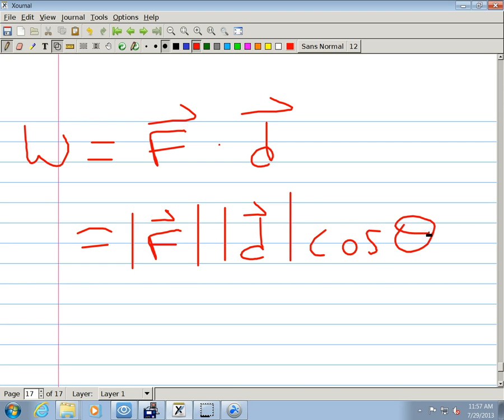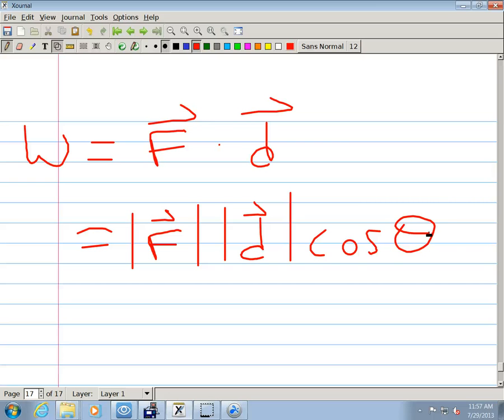If you're doing this with law of sines, law of cosines, r theta stuff, you can prove that the dot product works out to the force times the displacement times the cosine of the angle in between. Now, I'm not going to prove that here. I need matrices for that, so I'm not going to prove that here.